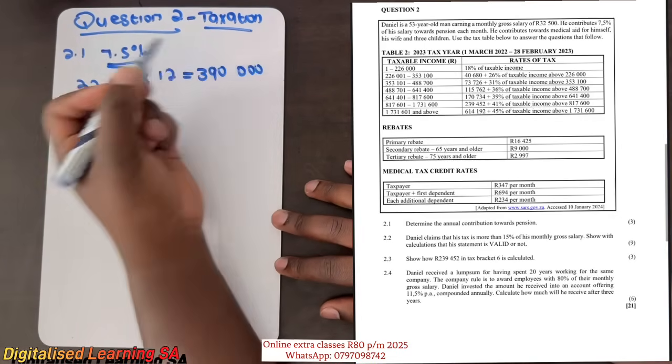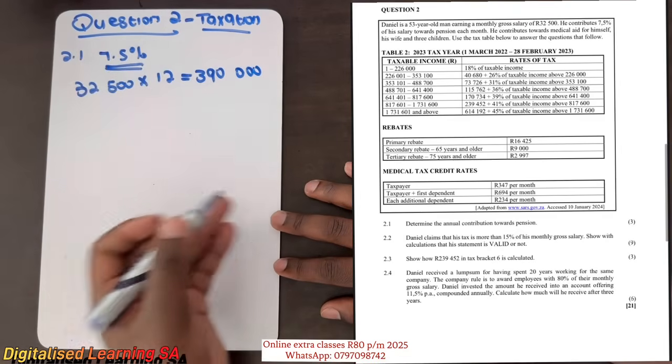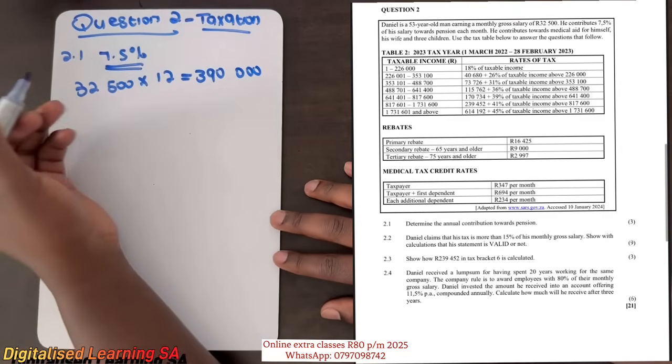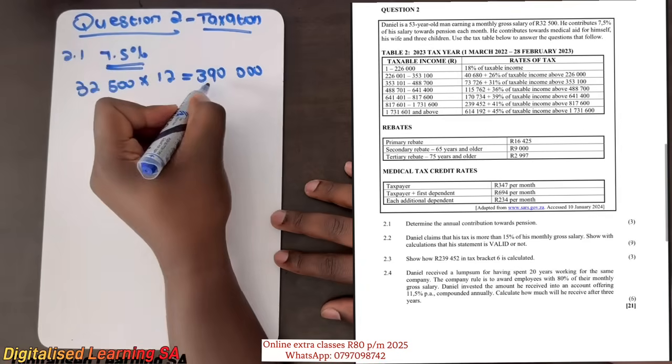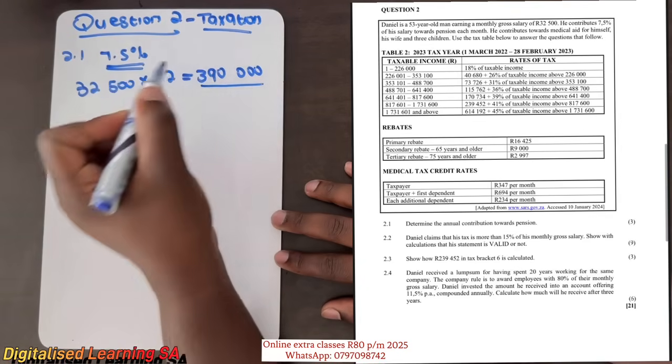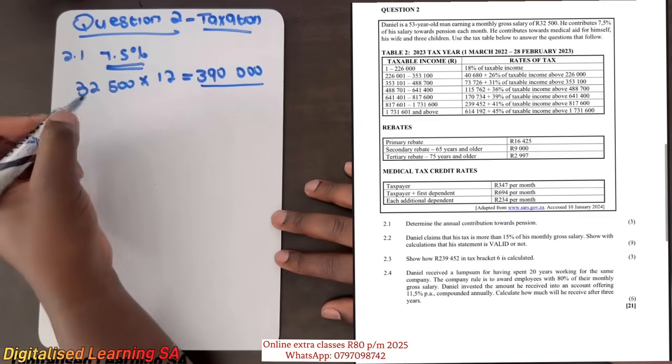We know that he contributes 7.5% towards pension, meaning that we need to calculate 7.5% of the 390,000.